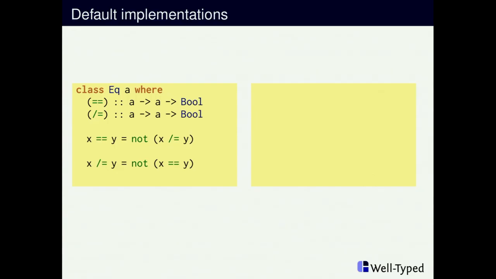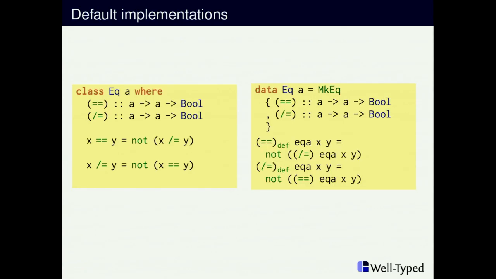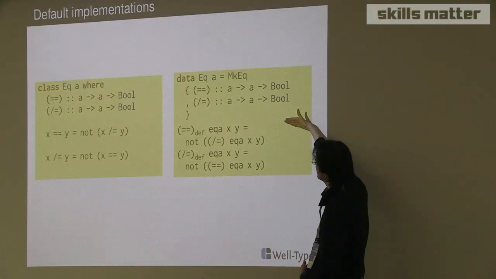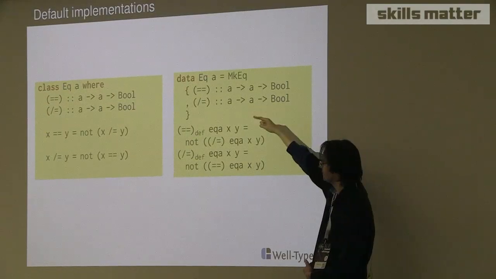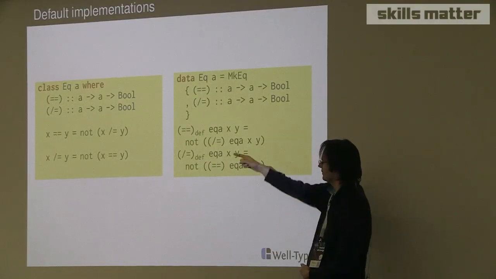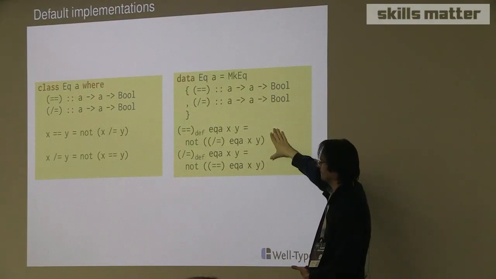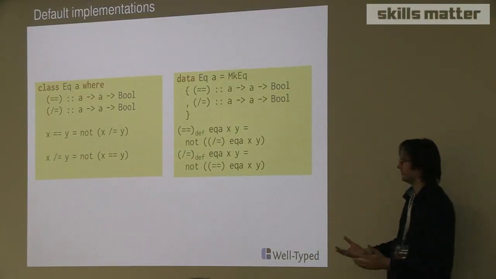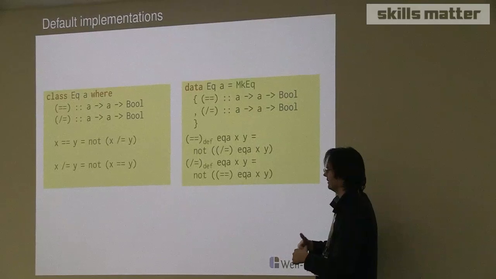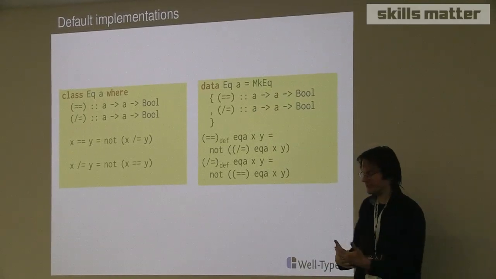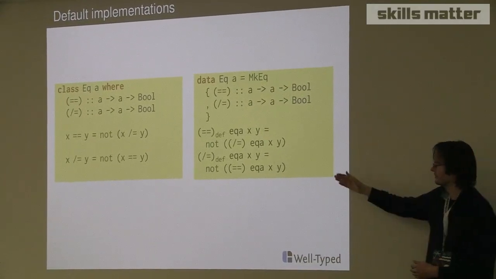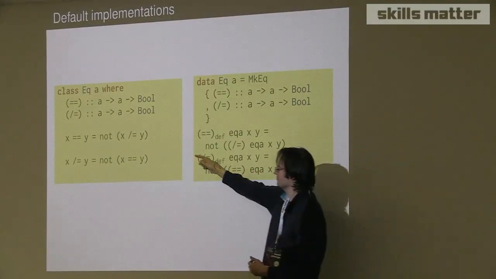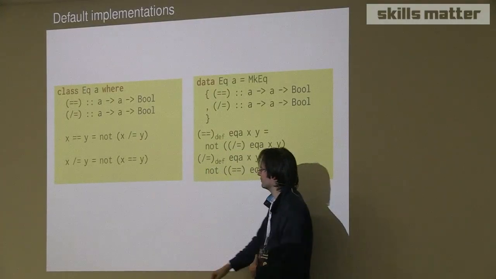So this is also just normal code. If we translate it, then what happens? Well, we define the equality dictionary type as before. That's from the class. And the default definitions just turn into extra function definitions in the translated code that we have available. And when we then give instances that are based on these default definitions, then we can use these. So this is just treated as a separate function definition.